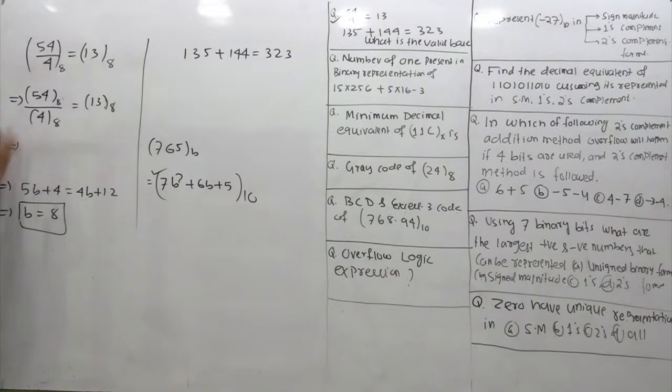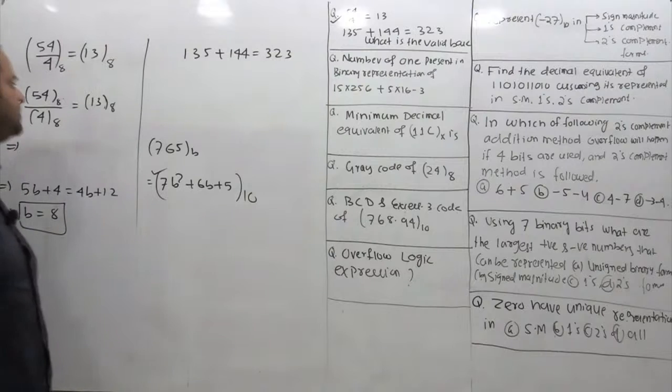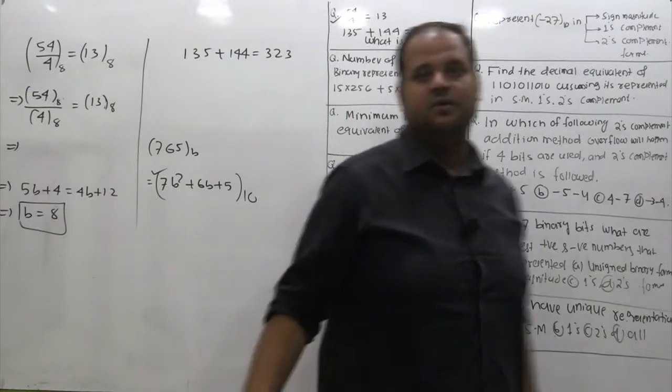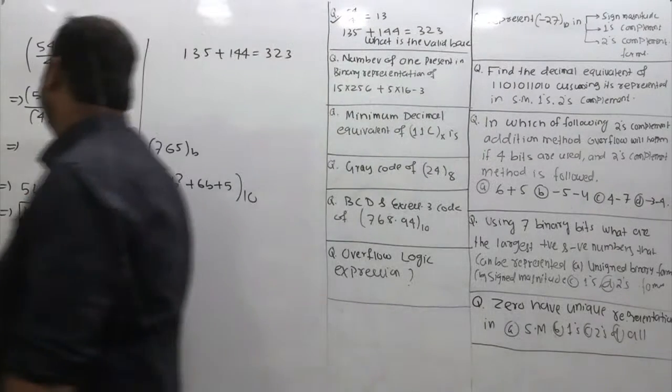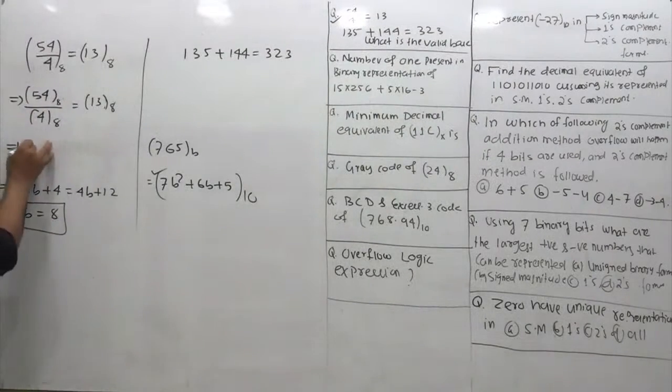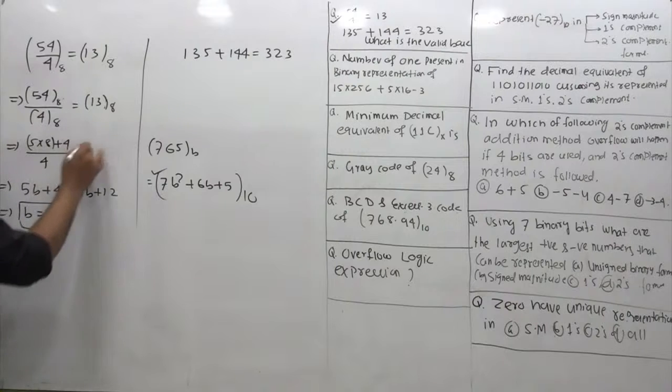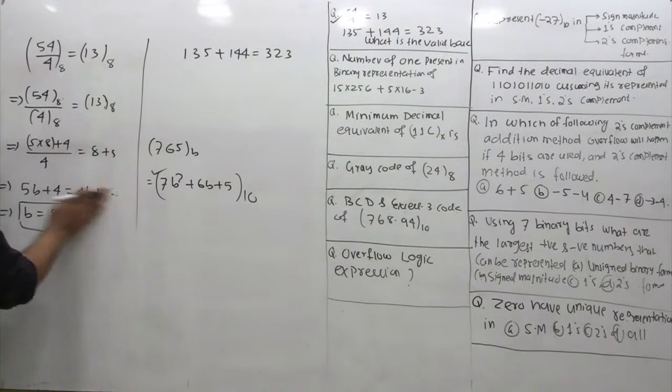So you already got the answer 8. Now let us see whether it is the actual answer or not. If I convert this into base 10, what will you get? Just like how you convert base B to 10, if you convert it, 5 into 8 plus 4, divided by 4, is equal to 8 plus 3.